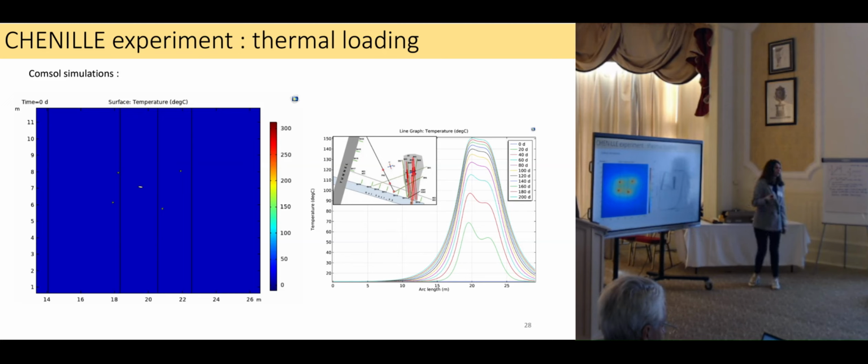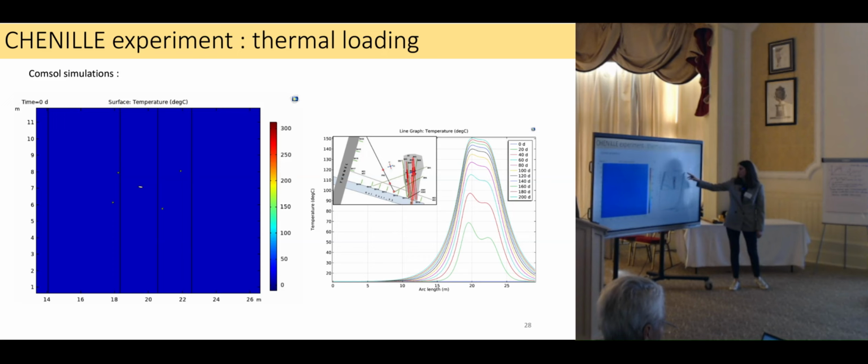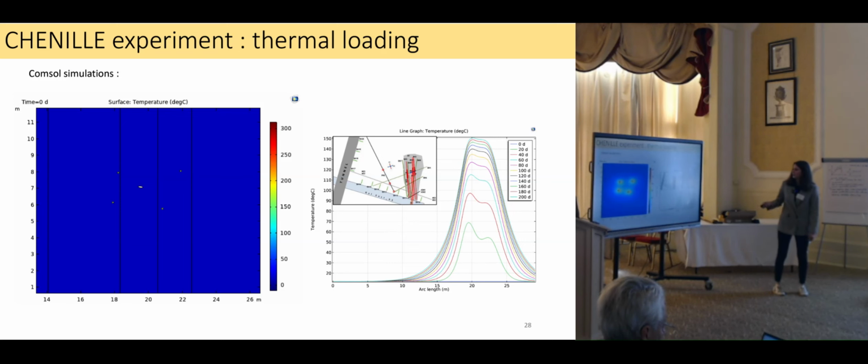And heating a rock mass takes forever. Basically, if you want to reach 150 degrees, you need to wait more than 200 days. And everything is really expensive, so we can't always do that.